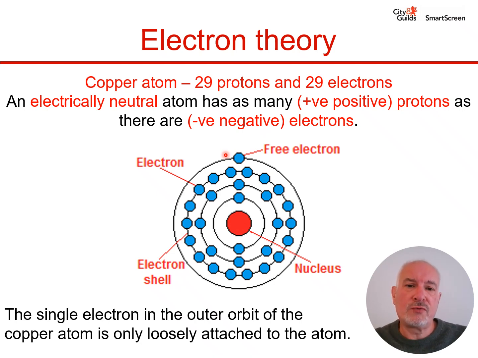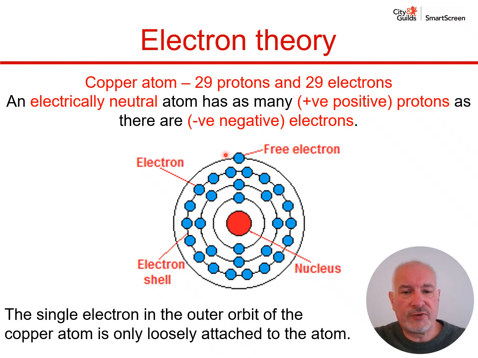Now that means that the overall charge of that atom is now that the balance tips towards positive, more positive particles than negative particles, and so the atom itself now has an electrical charge. And we call an atom with an electrical charge an ion. So this process is the really fundamental principle of how electrical charge moves.